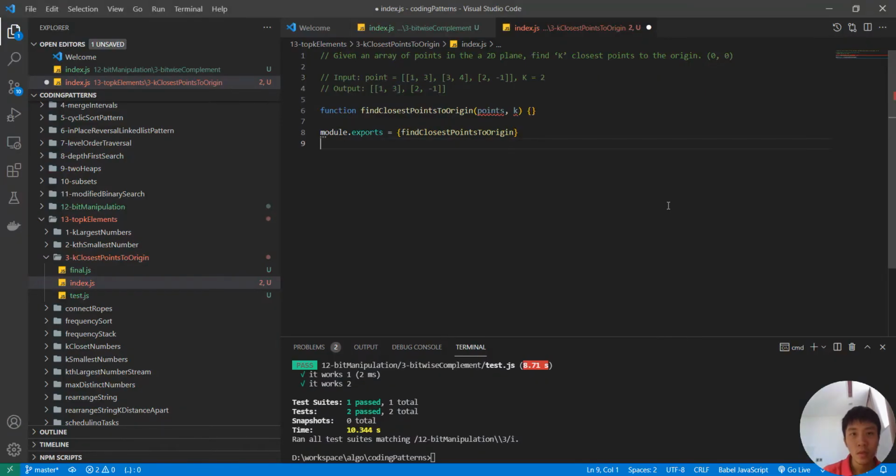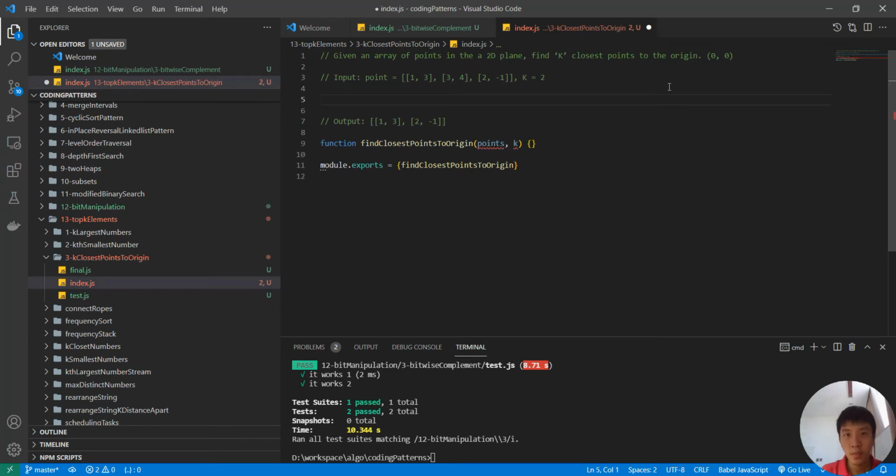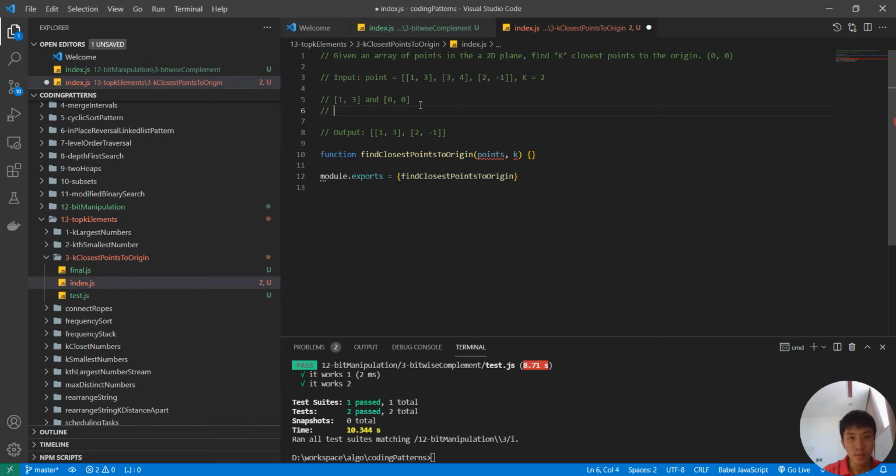For example, to calculate the distance between let's say 1 3 and 0 0, it will be the square root of 1 square minus 1 square plus 0 square.